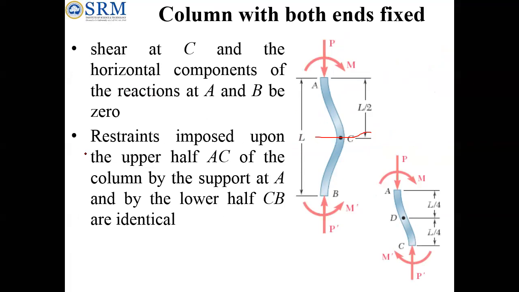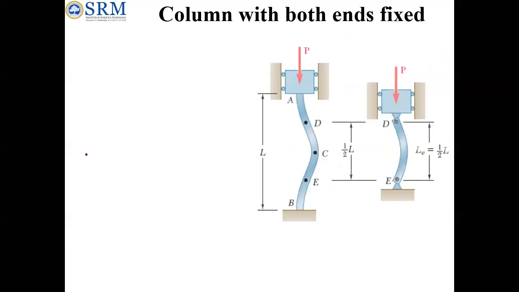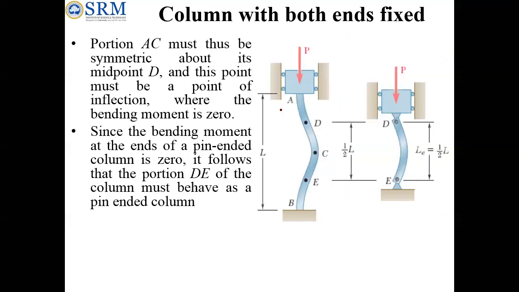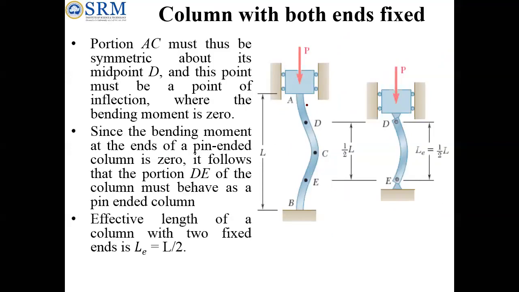So when you take a portion AC, this portion AC will be symmetric about this point D. Similarly, this will be symmetric about this point E. So at the point D, the bending moment will be 0. Similarly, at the point E. So that is why the length is considered from this point D to E. So D to E will be half of the total length of the column.